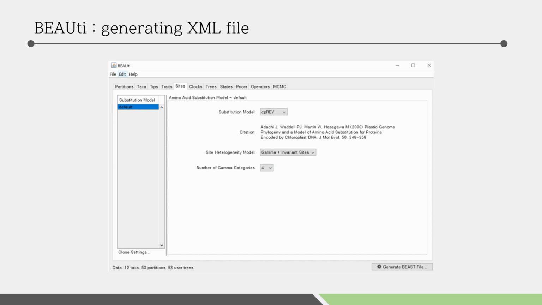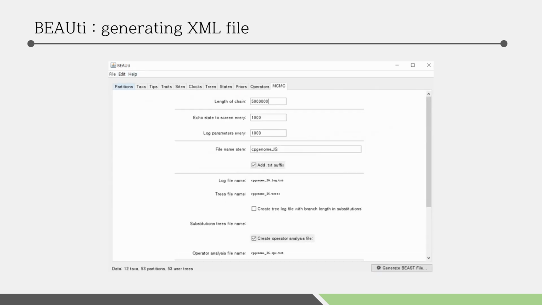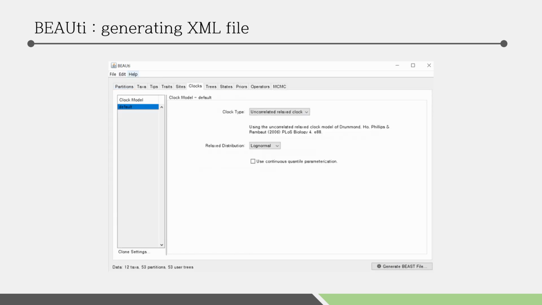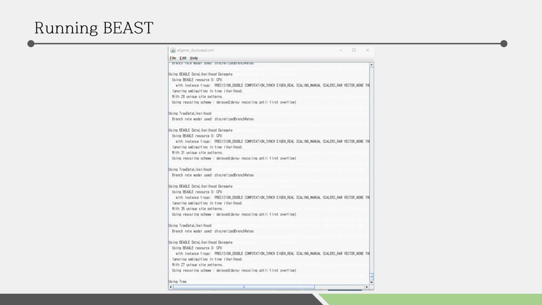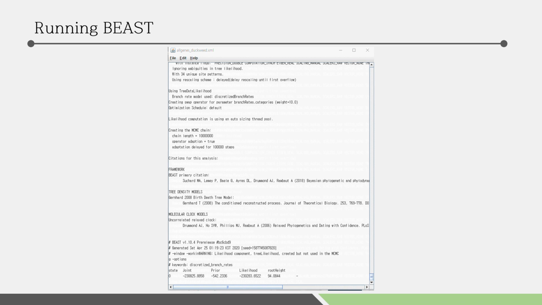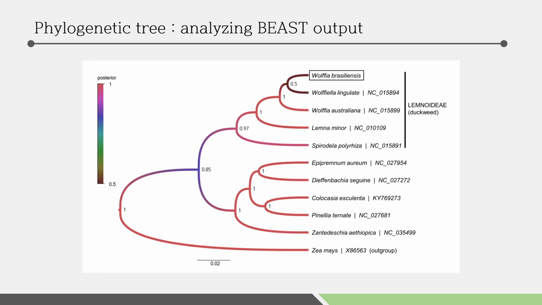This is graphical user interface of Beauty and set parameters and model. Then running BEAST. Then after running BEAST, analyzing and visualizing BEAST output.